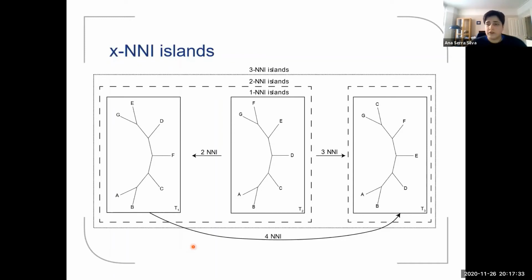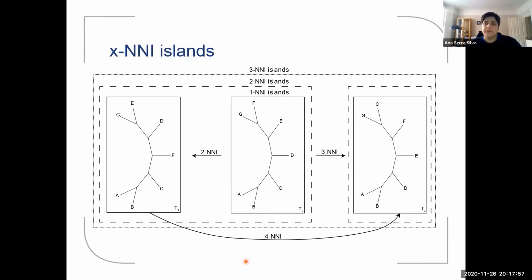And you can explore how incongruence in topology between islands changes by changing the type of branch rearrangement. So you can go from NNI to SPR, and SPR will identify larger incongruences than NNI does.